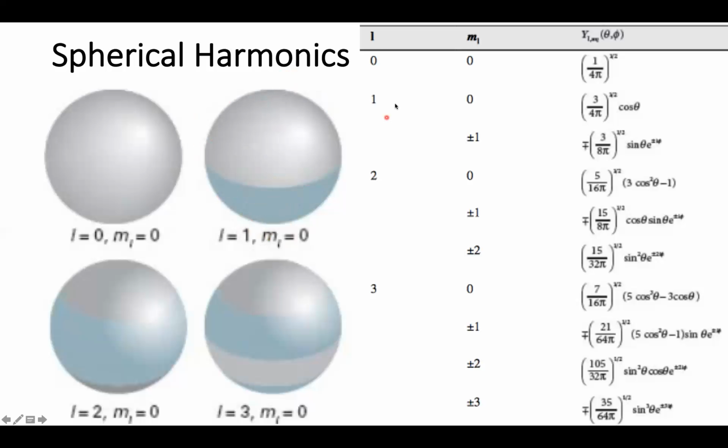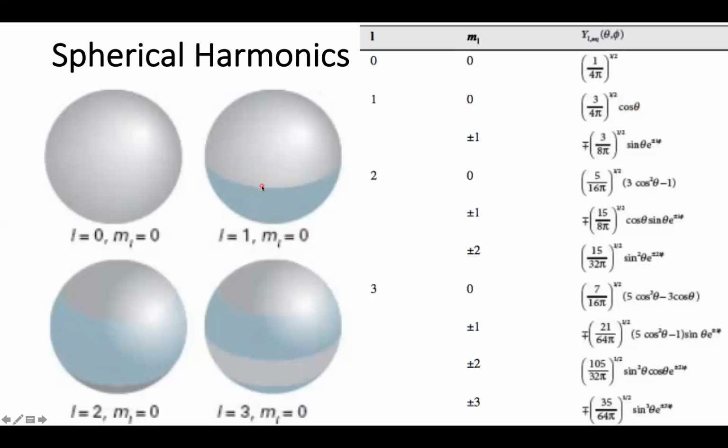But as a result, because I now have an excited state energy, L is going to give me a lot of information about the number of angular nodes. So here, my angular nodes are going to be 1. And that angular node is going to happen right around the middle. And you can see this with the spherical harmonic, because I will have a wave function of 0 at a cosine of pi, or sorry, a cosine of half pi.